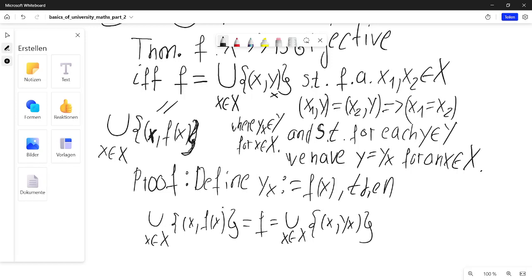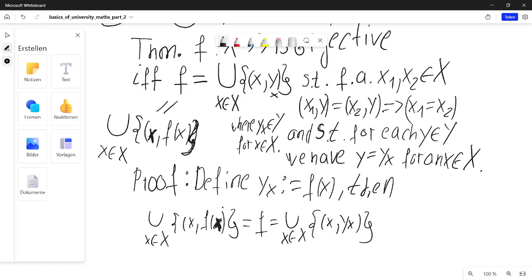Right, we have sets like that, and then they are completely the same sets, because in each pair the element in the pair here is already x always, and this is already the same element if we have defined it like that, right? So we have chosen y_x to be that, and then that's the same, right?